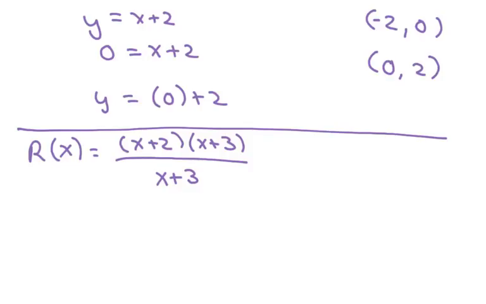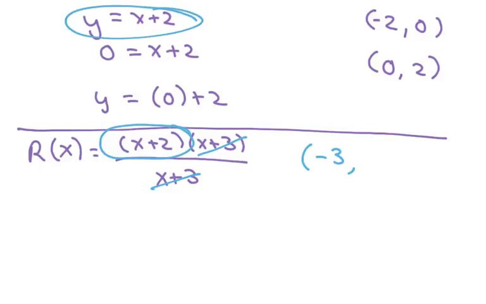So basically you can cross those out. That means we have a hole at negative 3. That means in the domain x can't be negative 3. So that's where we're going to have a hole. You plug in negative 3 back into the reduced equation, which would be right here, and you're going to get negative 1. So there's where your hole is.